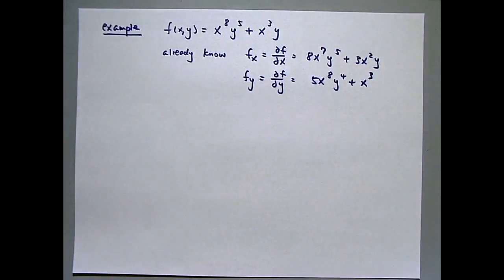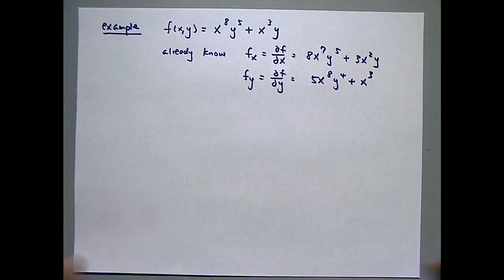So we know that already. We did this earlier with the first example, and we found these 2 things pretty easily. Now we're going to deal with the second derivative. And it's just like what you've been doing here. You take the derivative of the derivative again.